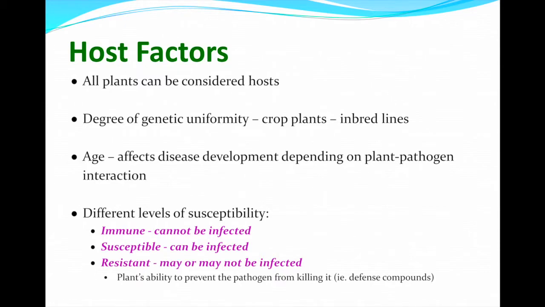So we can have an entire crop, not just in one field or two fields, but an entire region, an entire country, in some serious situations wiped out very quickly by one particular type of pathogen.